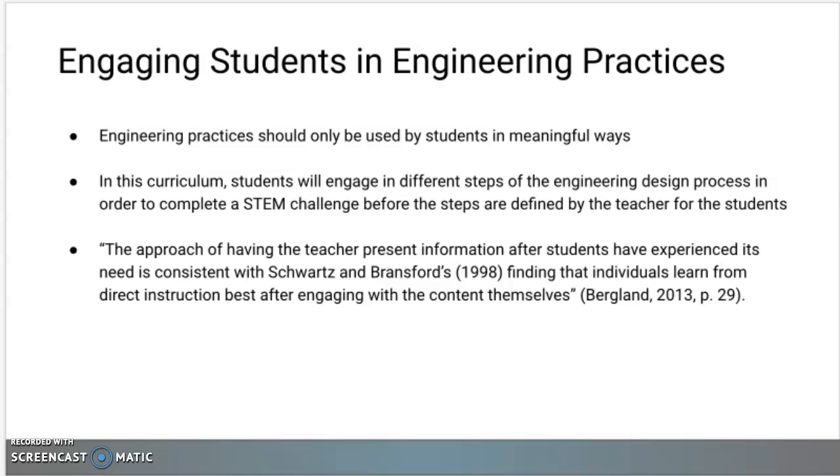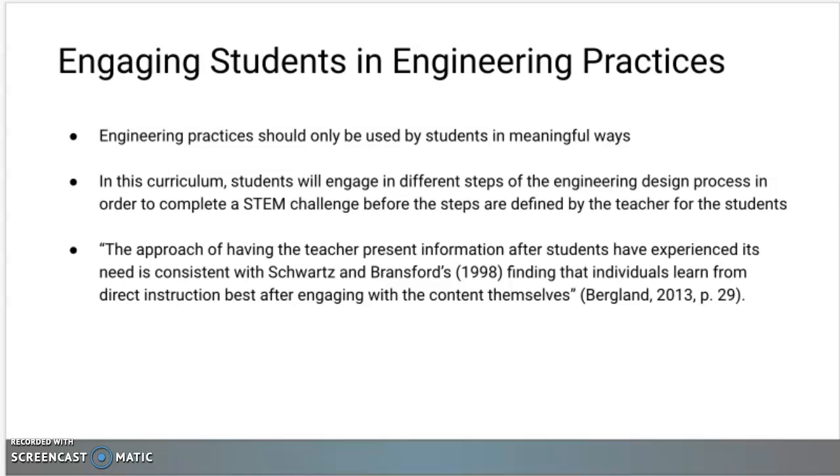Engaging students in engineering practices required that the engineering practices should be used by students in meaningful ways. The team did not want the lessons to have students just going through the motions of the engineering design process, that they wanted each activity or lesson to have relevant reasons to use the engineering design process.